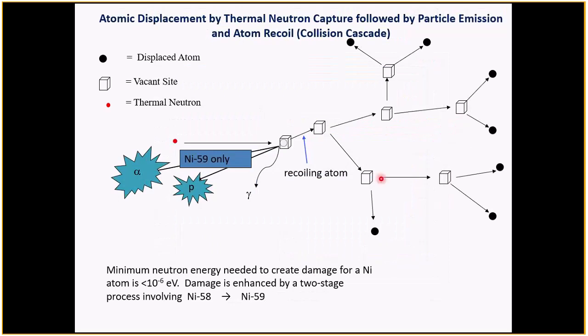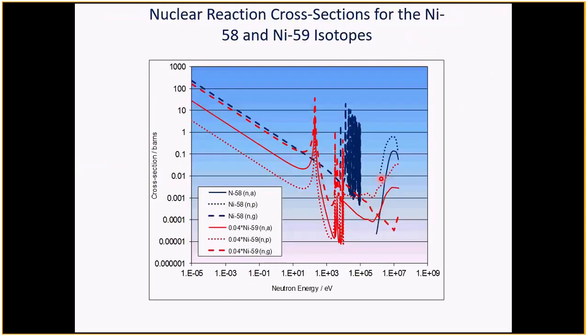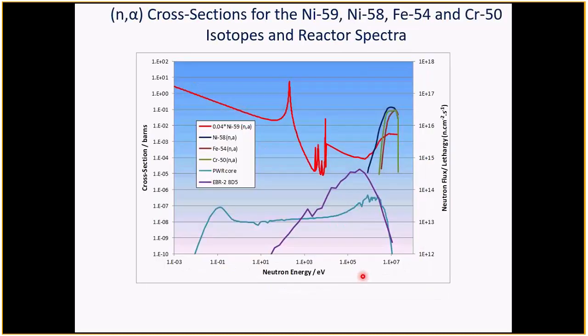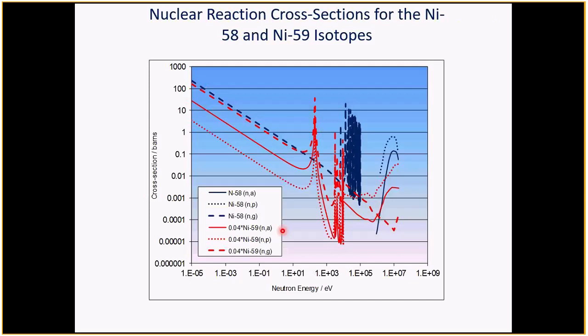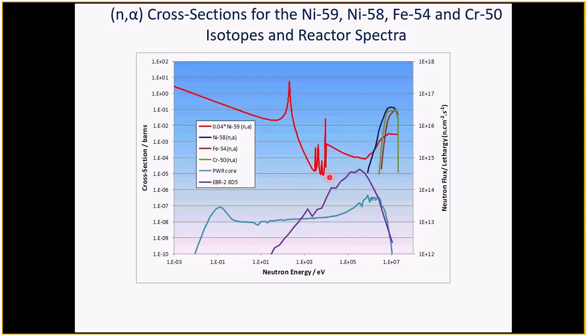I was going to go back a little bit. Yeah, so this is dropping down here at around about 10,000 eV. Oh, well, this tail here, we might be producing some nickel-59 also.